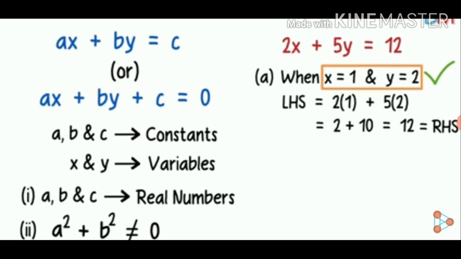So we can say that x equals 1 and y equals 2 is one solution of this equation, because when we put these values of x and y, both the left hand side and right hand side are equal. When left hand side and right hand side are equal, it means the given values are the solution of the equation.